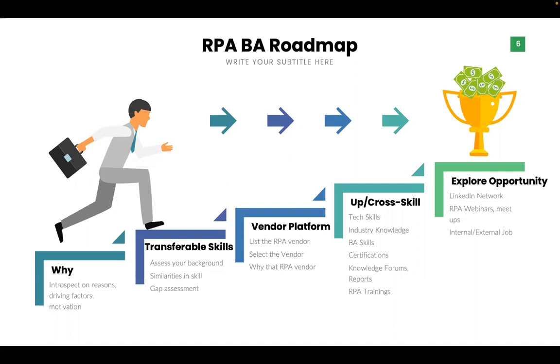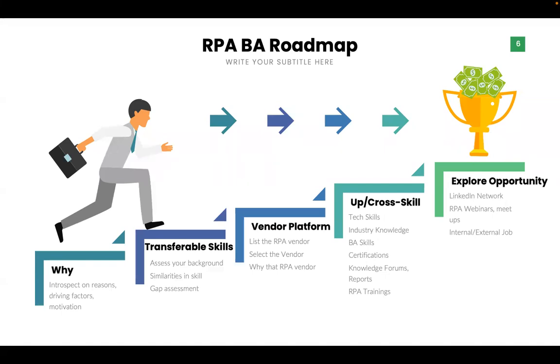I said, okay, start, because in ATB I know the RPA implementation is there. Approach the center of excellence there, showcase your interest and your credibility, that you have done your groundwork well. You have done some certification, you have done some minor projects on RPA, and show what transferable skills you're bringing to the table and what the gap is.